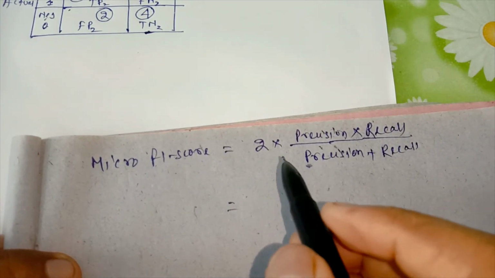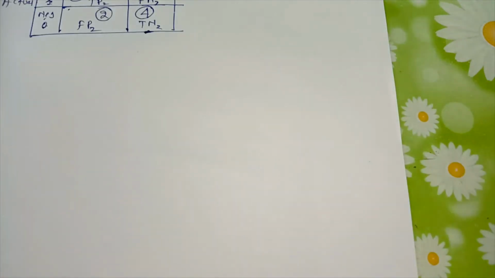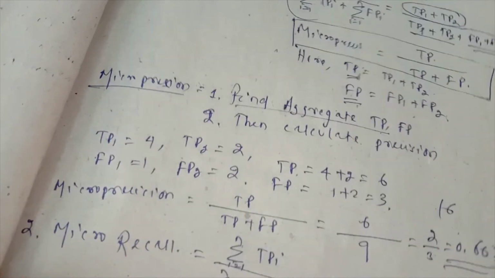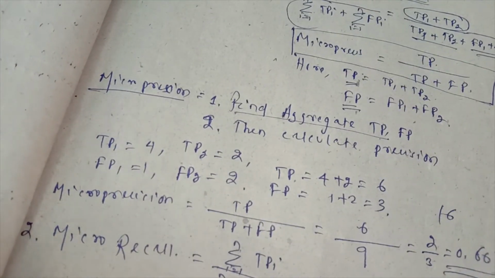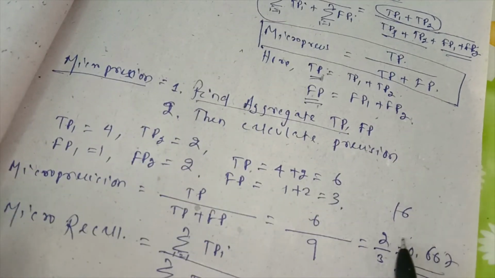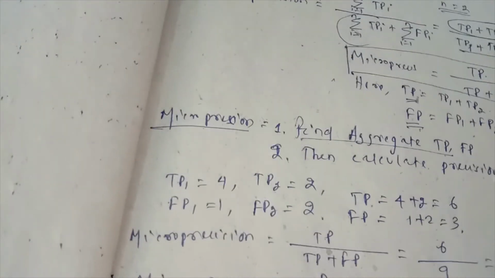I already found the precision value and the recall value. Precision I got as 0.667 and recall 0.667, so both are the same.